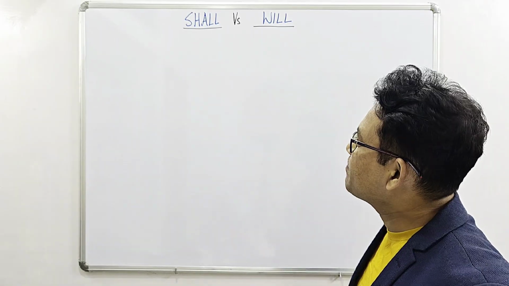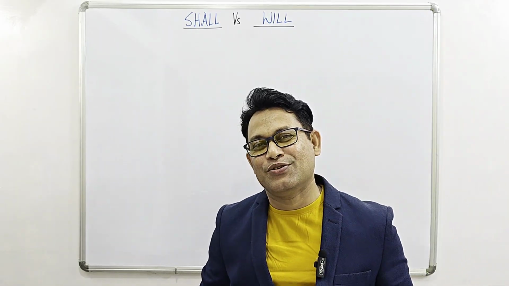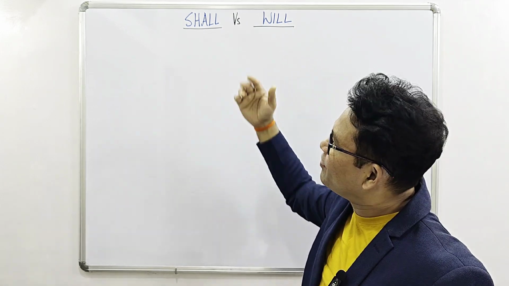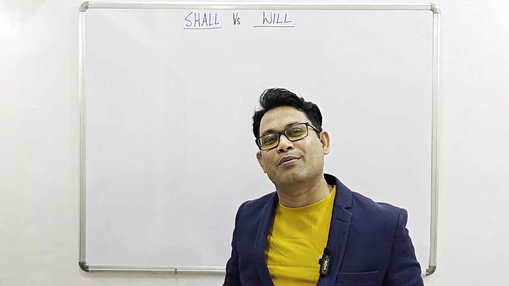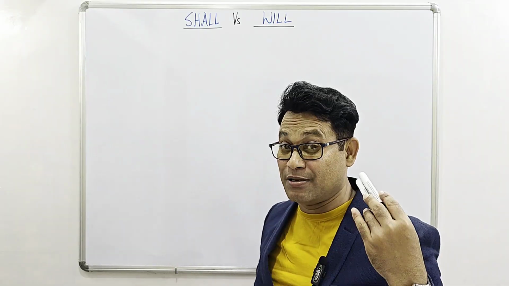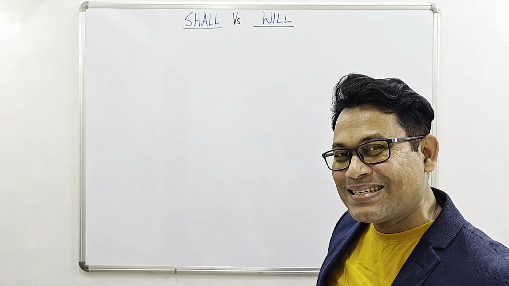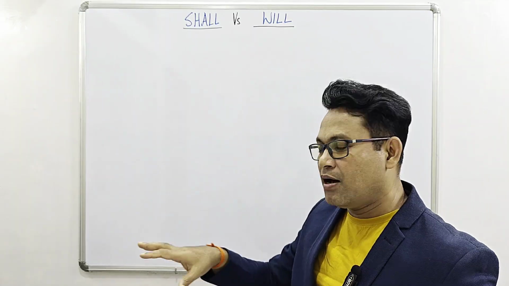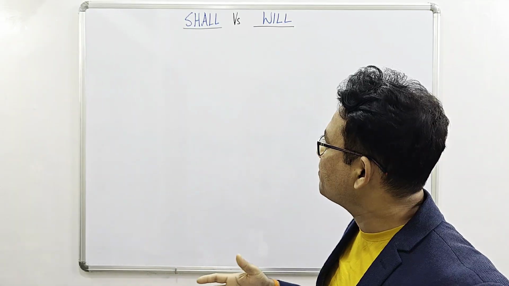These days, there is a growing tendency to use will instead of shall, and shall is becoming more and more obsolete. In America, this has already happened, and in British English, we are still using shall, but in a more reserved way.